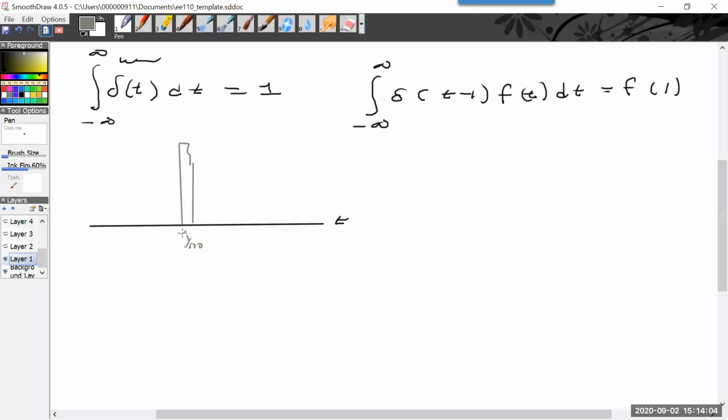The width is 100th, and it's 100 units tall, right? And that means the area is going to be equal to 1, right?